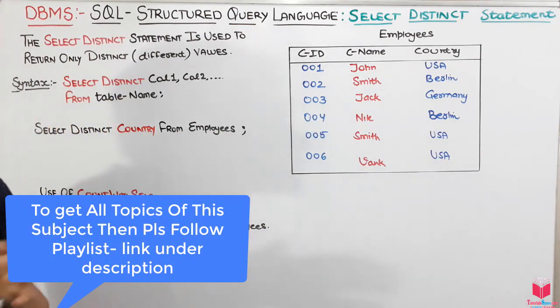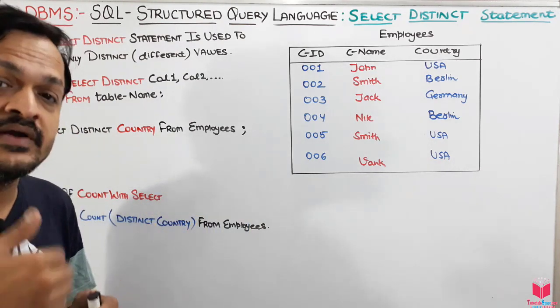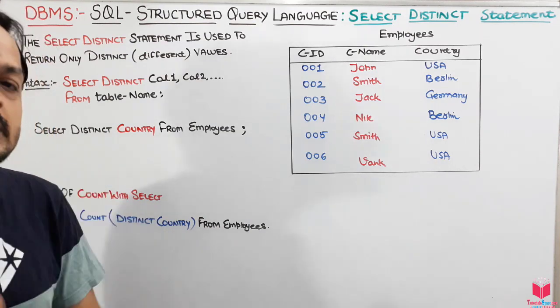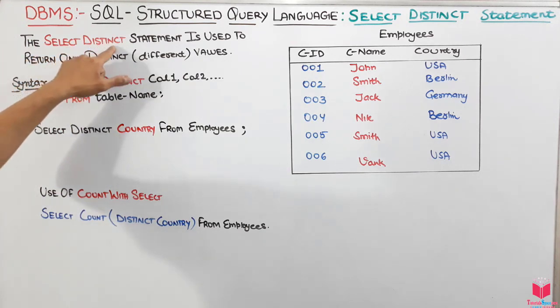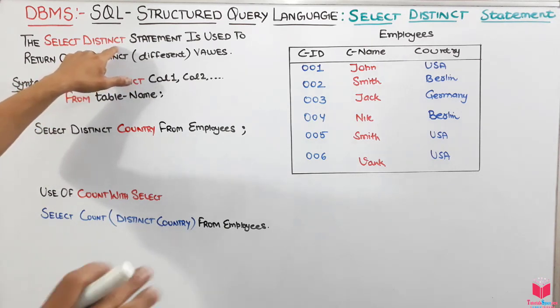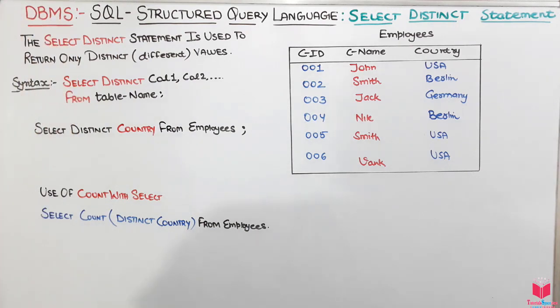Suppose the table we get after the query contains some same values, and we don't want those same values to be returned, so we will use select distinct instead of simply select. That means select different values from that attribute. Clear? Let's move on.